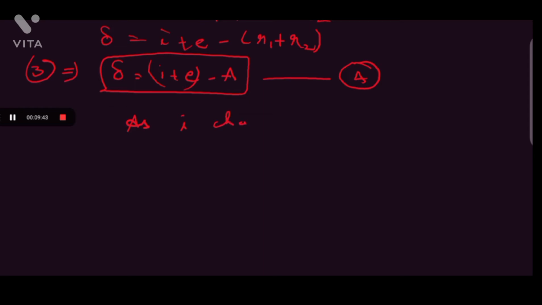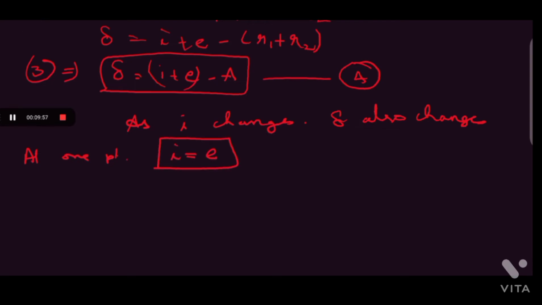So if I changes, delta also changes. At one point, this I will become equivalent to E, and after this value, the delta value again starts to decrease.